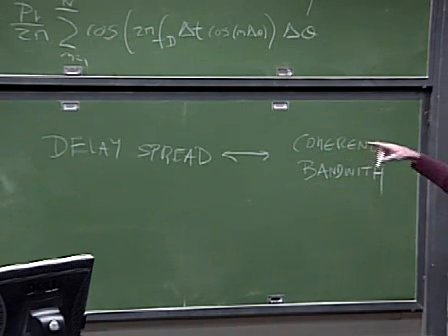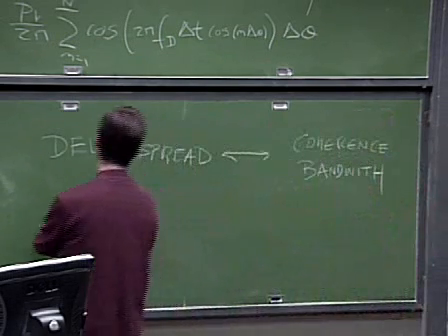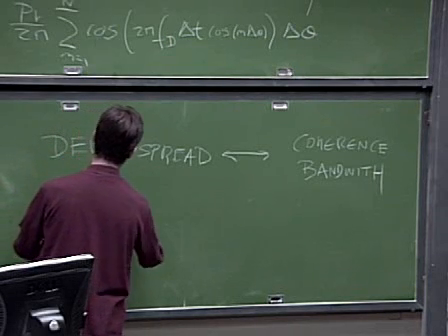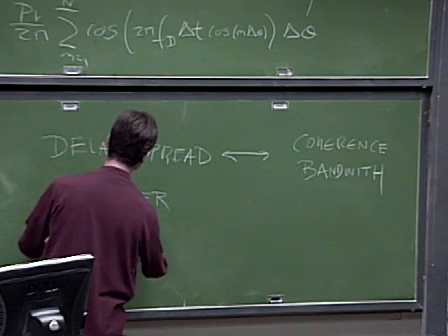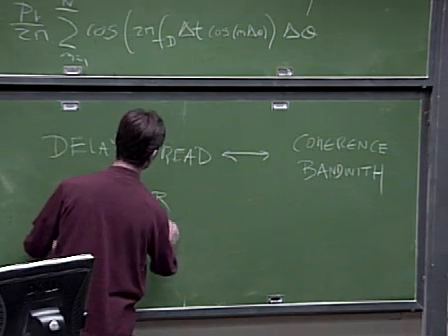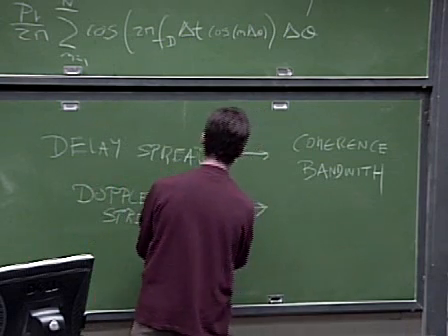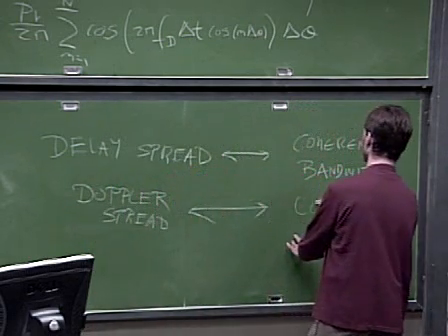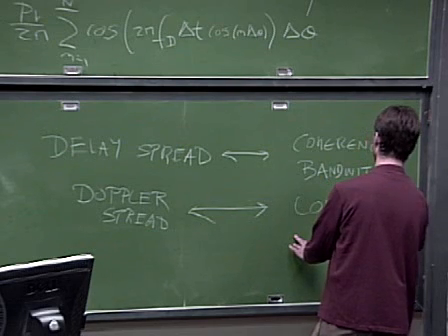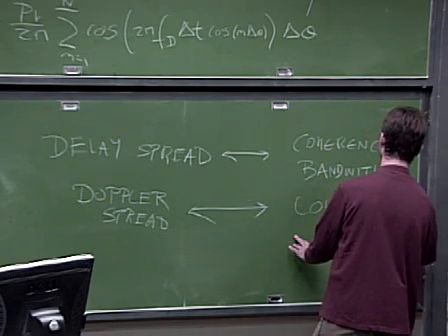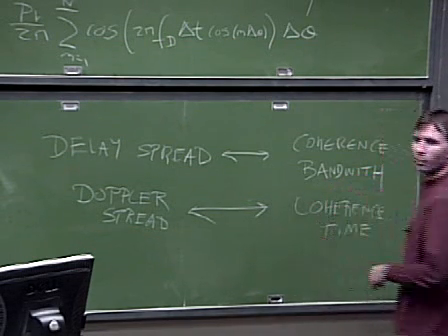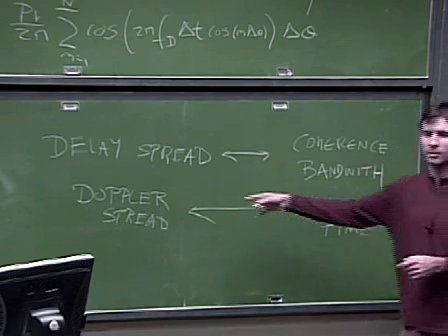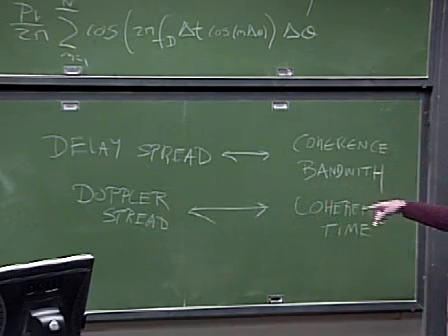Each one is 1 over the other one, roughly speaking. And then we found Doppler spread and coherence time, which have a similar relationship. One is roughly the reciprocal of the other.